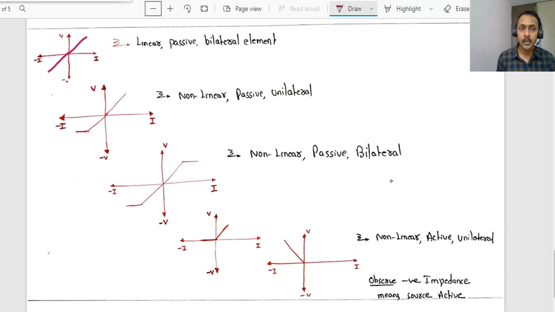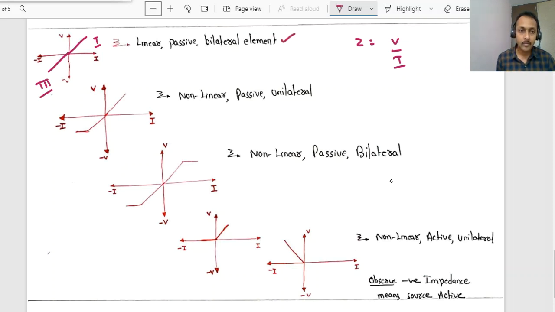Whether the current is flowing from A to B or B to A, it offers the same impedance. If you take the ratio, V equals IZ, so Z equals V by I. In either the first quadrant or the third quadrant you will get the same impedance. Impedance will not change, so it is a bilateral element.